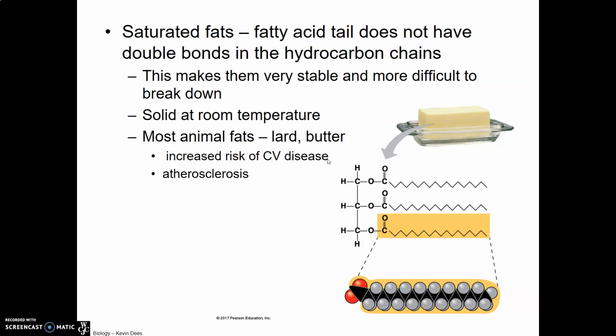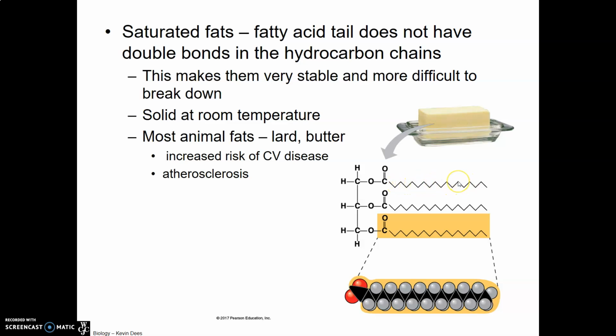Now we can break fats down into two categories: saturated fats, in which the fatty acid tail does not have any double bonds in the hydrocarbon chains. Recall that these illustrations of the fatty acid tails denote these carbons and hydrogens here. In a saturated fat, there are no double bonds.